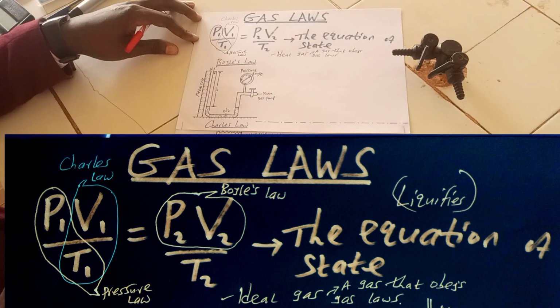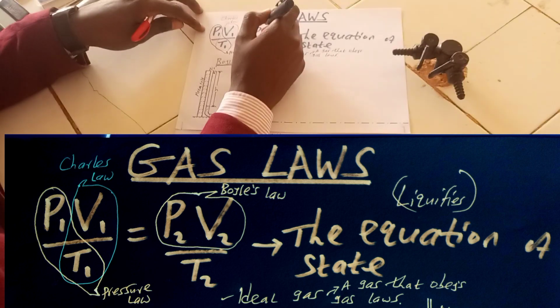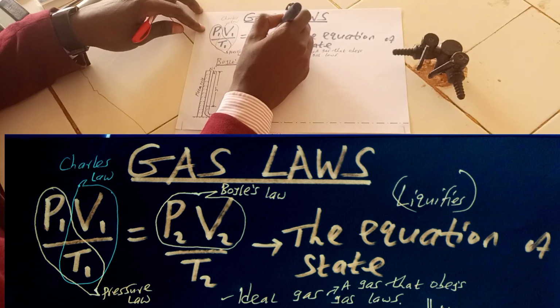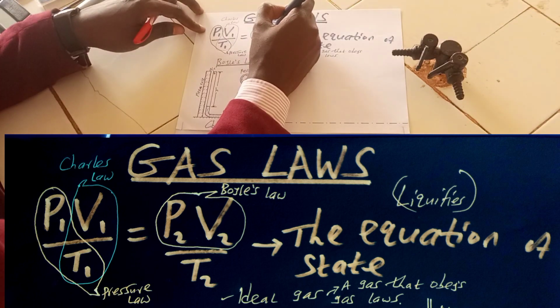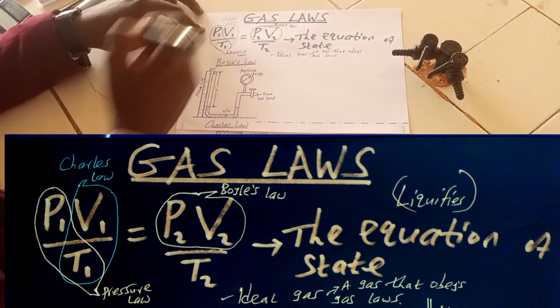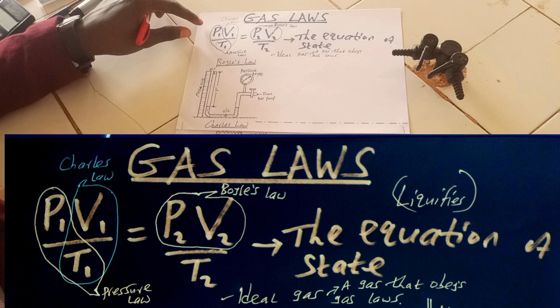And finally, if you factor out pressure and volume, this one gives you Boyle's law. That is PV. Boyle's law PV. Charles is TV. Then pressure law is PT.